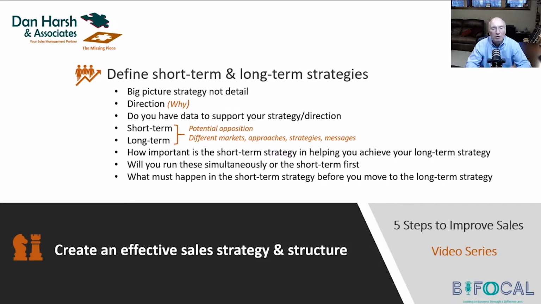Will you be running both of them simultaneously? What happens if you don't hit your short-term strategy? So as you start to lay out the strategy and create an effective structure, think about the detail behind this. What is that long-term? What is that short-term? And why is that the direction that I want to go?